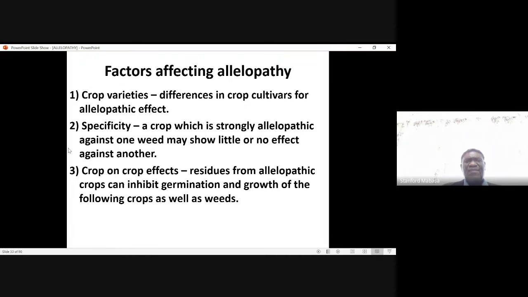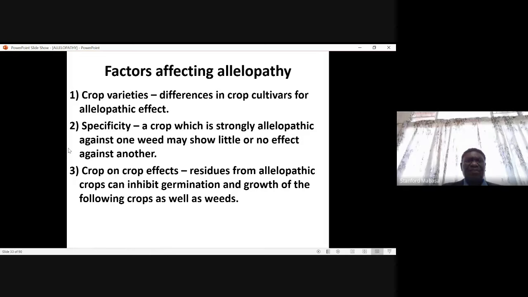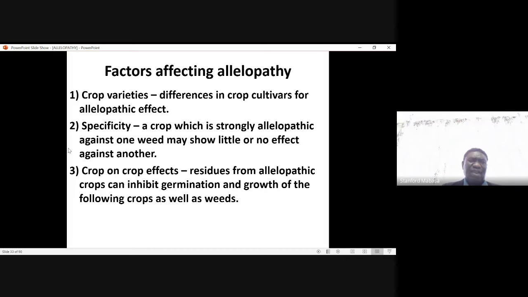Now I want to look at the factors which can affect allelopathy. Now, crop varieties. Allelopathy is controlled by genes.